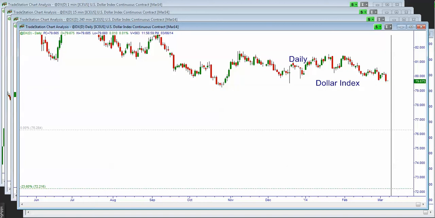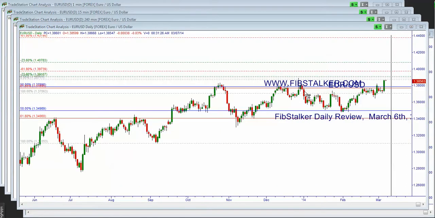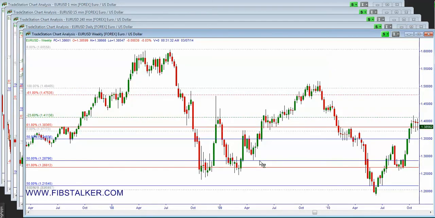I also want to take the opportunity to remember that when it comes to the weekly time frame on the euro dollar, we actually have targets above.